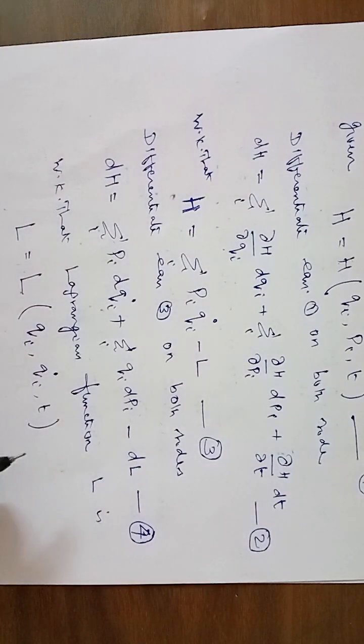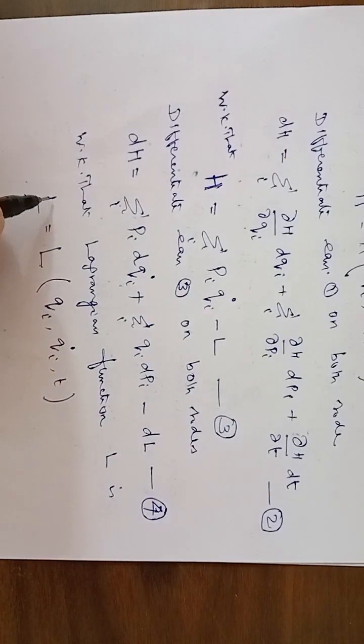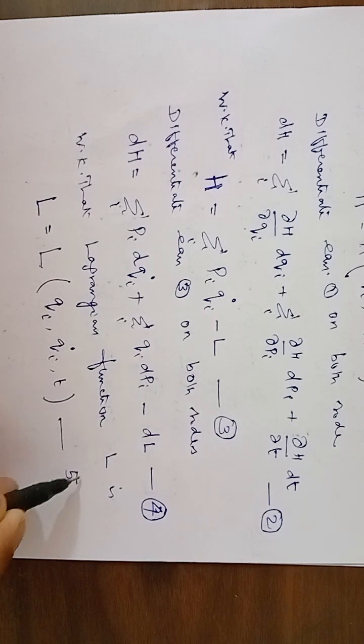All these things we already studied in the earlier classes, so just recollect it. L is equal to L of qi, qi dot and t. Make it equation number 5.